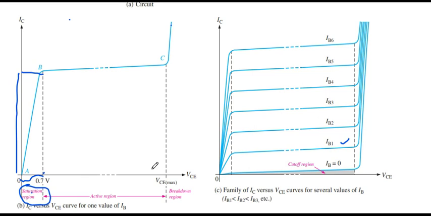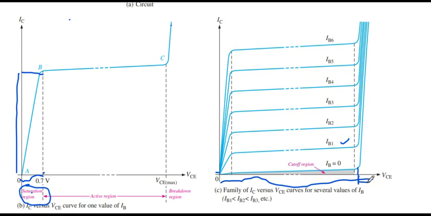While in the cutoff region, the current IC is very small, negligible as compared to VCC, which is very high, from this point to there.